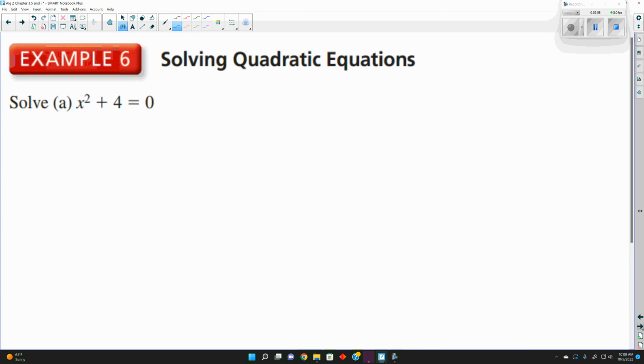Now, what we're going to look at with these here are finally solving these equations that we really couldn't solve before. So if we look at this first one here, x squared plus 4 equals 0. Because it doesn't have a middle term, we don't have x to the first power, we can use the square root method.